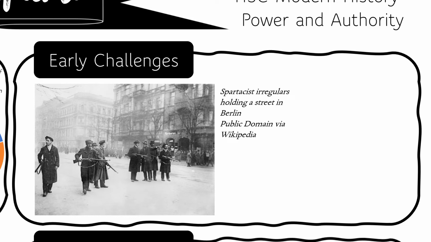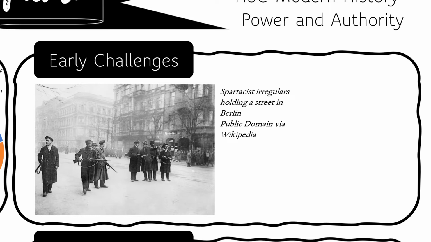Many of these soldiers had a firm hatred of the communists. And so Ebert ordered the officers among them to form what were called Freikorps, military units, in effect a paramilitary organization, and tasked them with the defeat of the Spartacists.